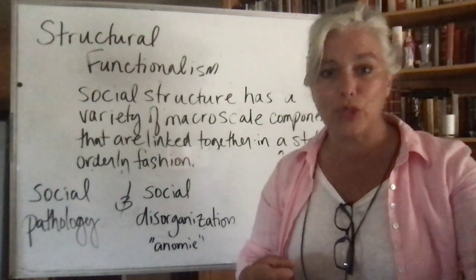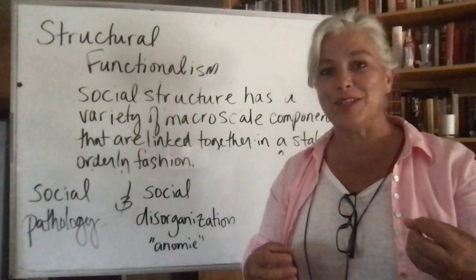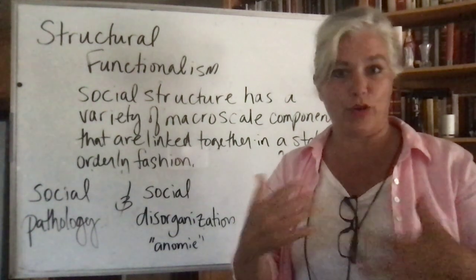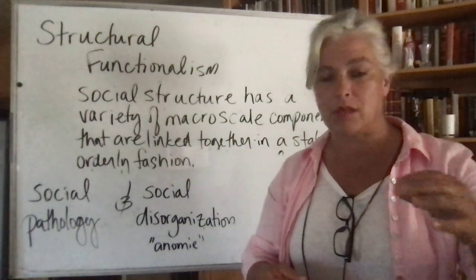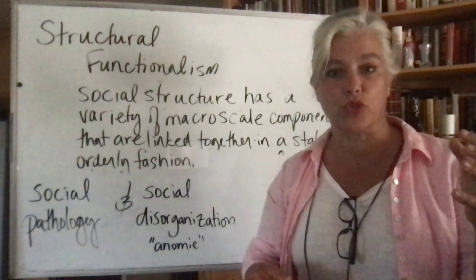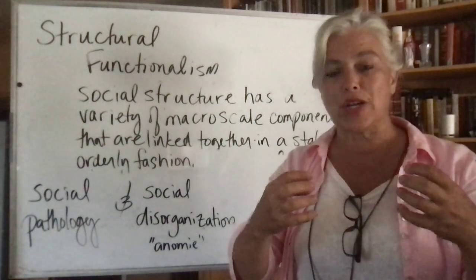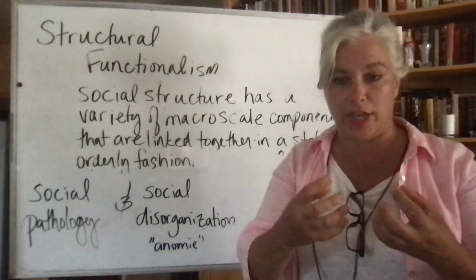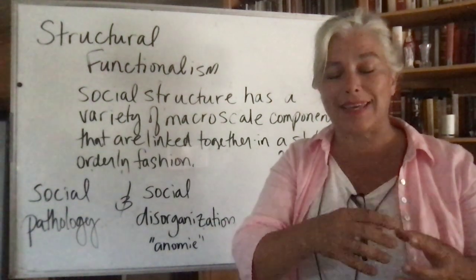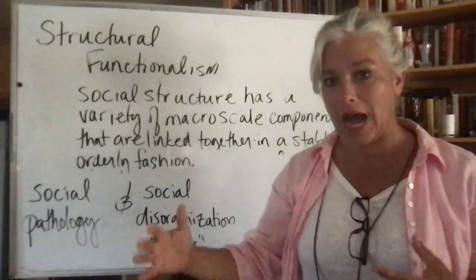Social institutions is another review word that you need to make sure you have, so refresh your vocabulary there, because a social institution is a macro scale part of the social structure. It is a way of taking care of certain needs that the entire population has, so that society is stable and orderly over time.